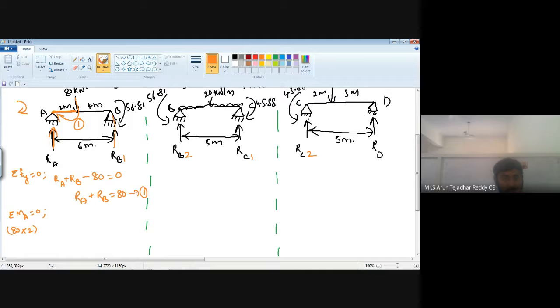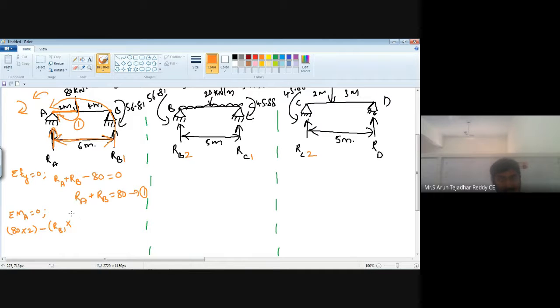It is moving in this direction, that is anti-clockwise, so consider negative: RB1 into the perpendicular distance from point B to A, that is 6 meters.